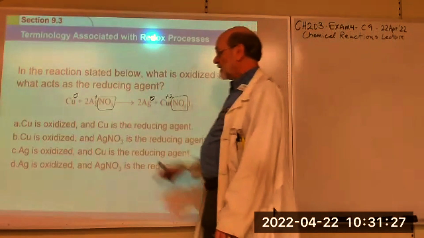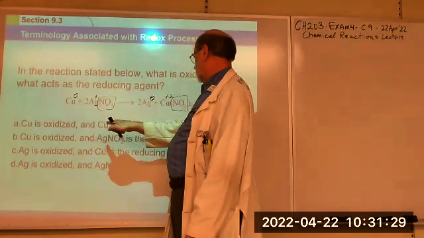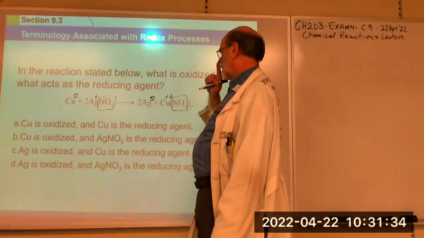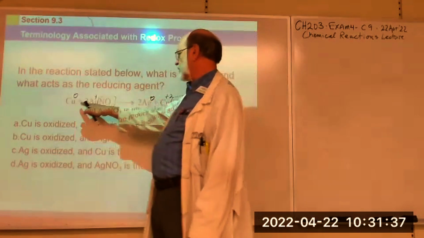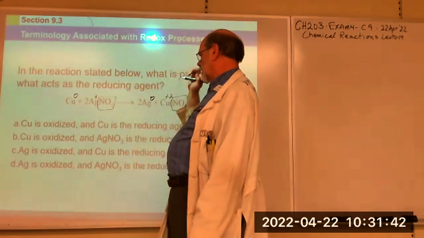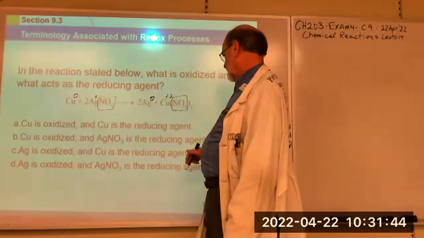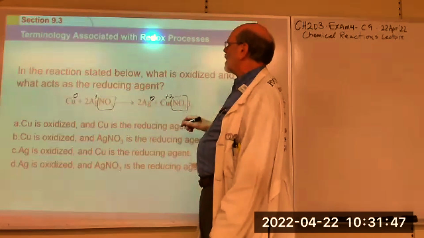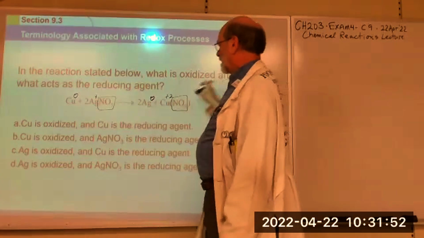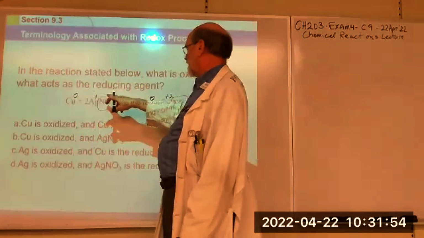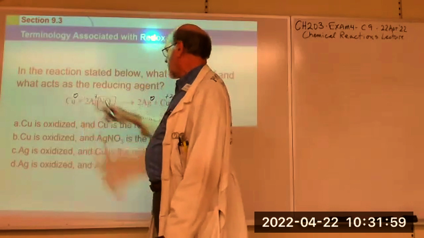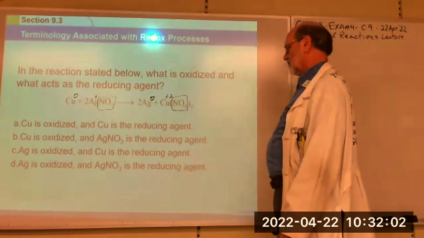Technically speaking, copper is oxidized. Silver gains electrons, so it is the oxidizing agent. Excuse me. Copper is oxidized. And what acts as the reducing agent? Well, silver is reduced, so copper is also the reducing agent, isn't it?